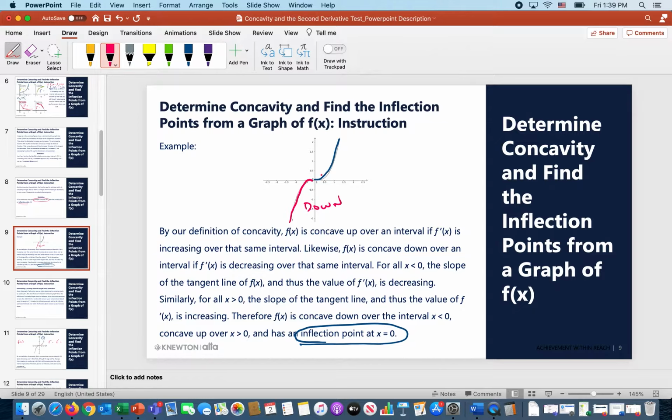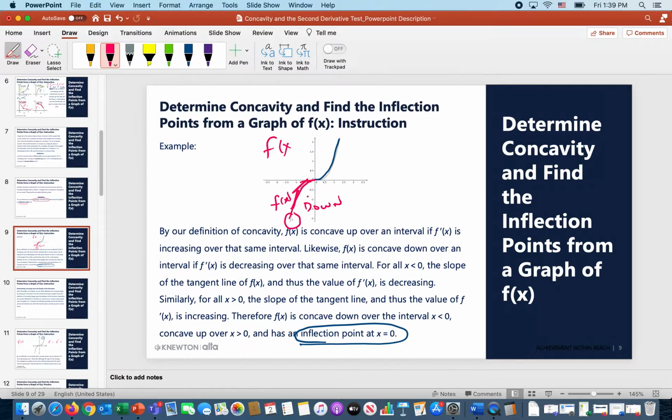So if we look right here, this is a graph of f of x, right? There's an f right here, so this is a graph of function f. In this case, you'll notice that those tangent lines are getting less steep.